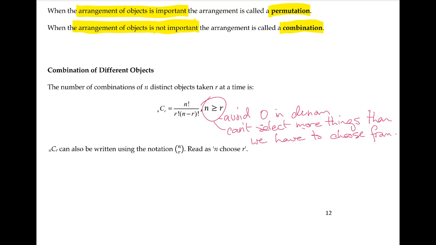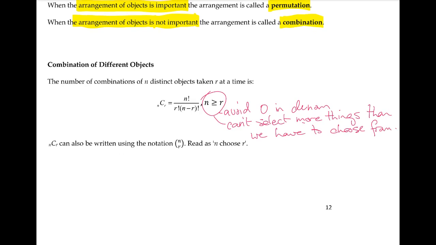Okay. You'll also see this notation where it's just n and r in the brackets. Either way, we read it as n choose r, but both of these notations are combinations. I find that people see this one way less frequently and it throws them for a loop.